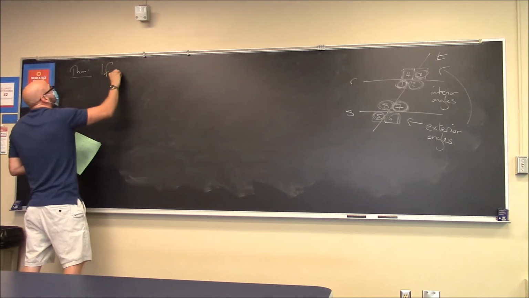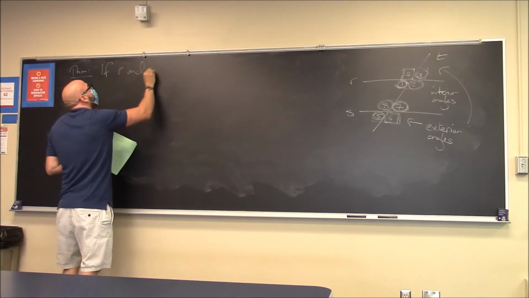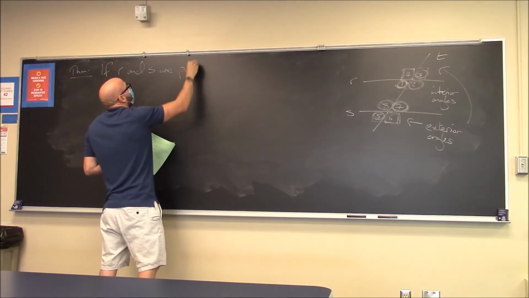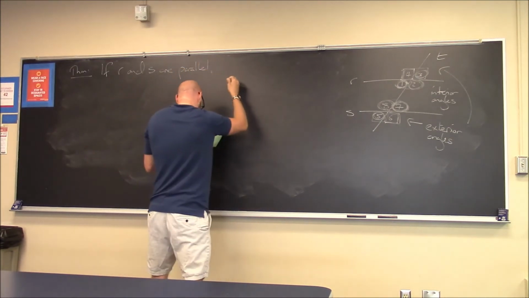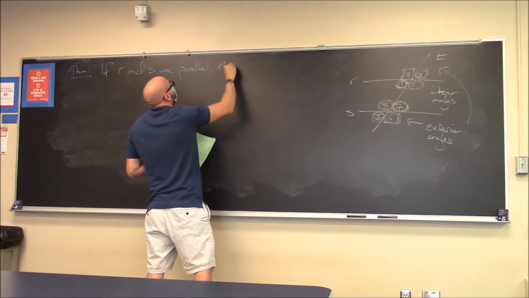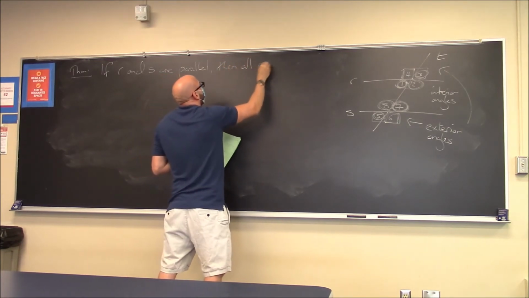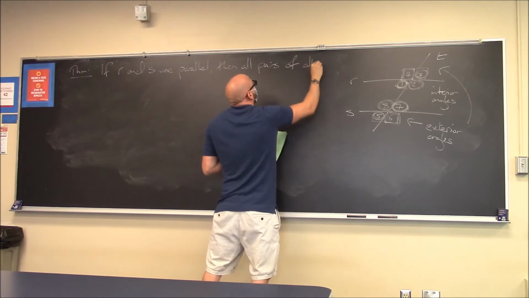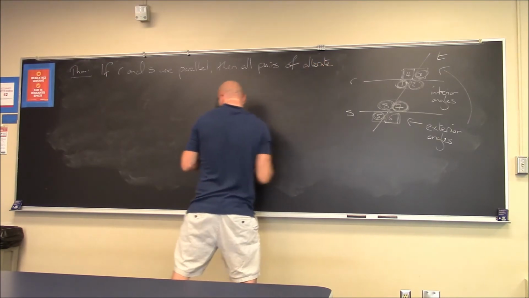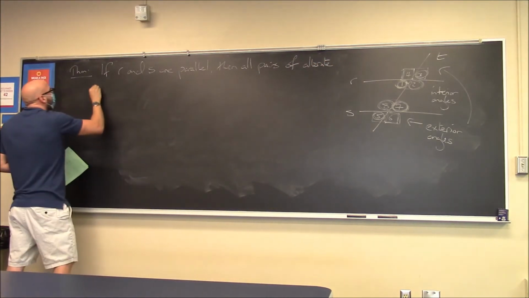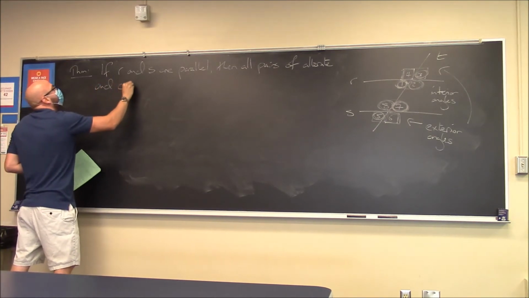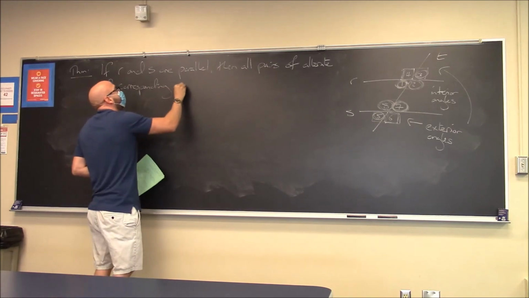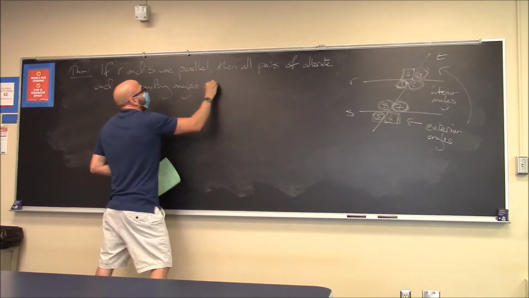First up, if R and S are parallel, then all pairs of alternate and corresponding angles are congruent.